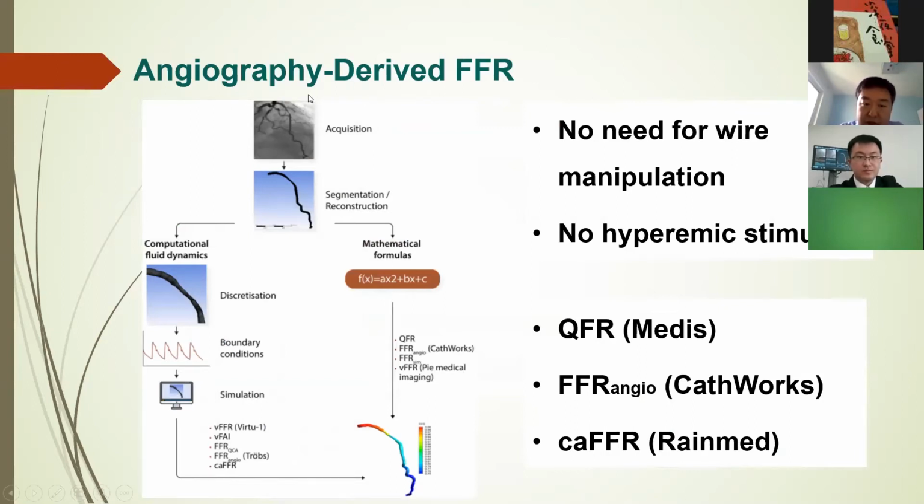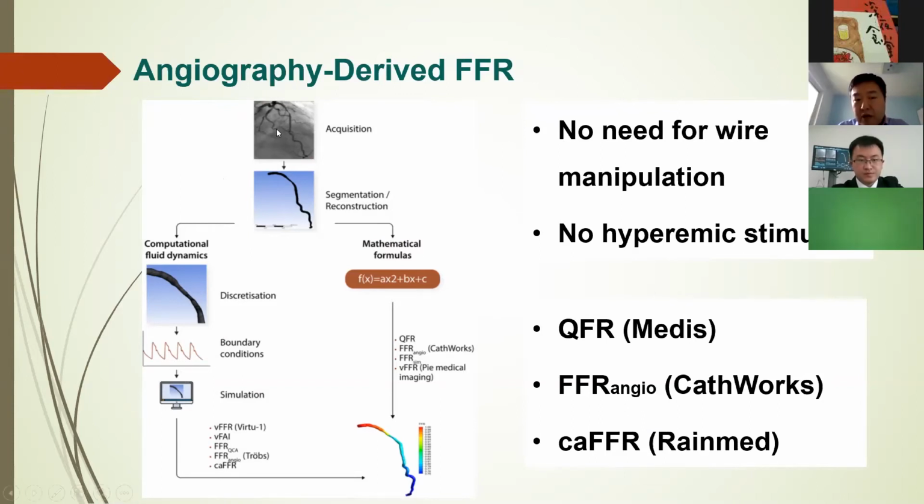Based on the angiogram from two projections, we can use some techniques to 3D reconstruct the coronary arteries, and then based on some method. The traditional methods, from Tu Shengxian and also from CASS work, use mathematical formulas to determine the FFR in the coronary arteries.